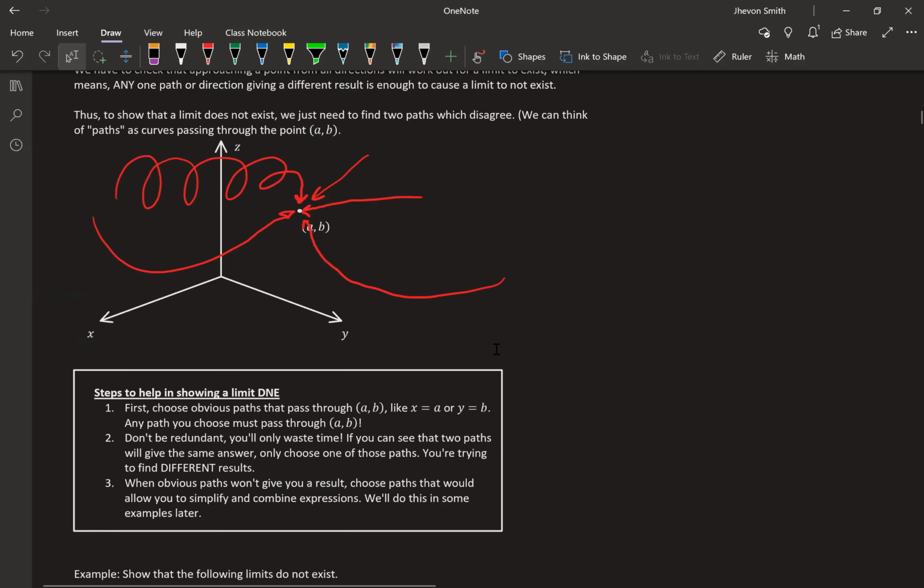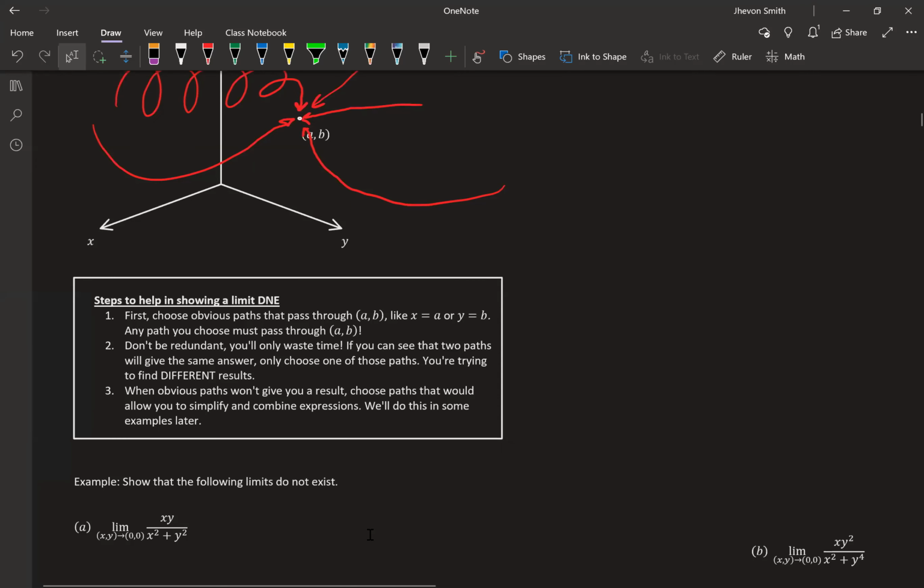Showing a limit does not exist is comparatively easier. Oftentimes you'll see a problem that says specifically, show that this limit does not exist. And the idea that you're going to take is to show that you can approach the point from different paths and get a different answer. That's the goal.